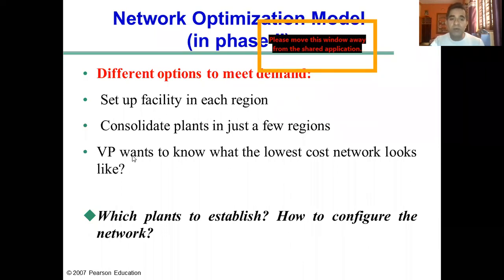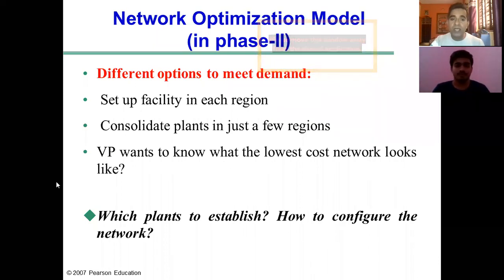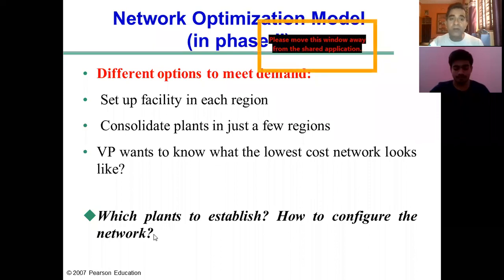The vice president of supply chain wants to know what the lowest cost network looks like. The questions in front of the supply chain manager are which plants to establish and how to configure the network. So basically we are learning network design.